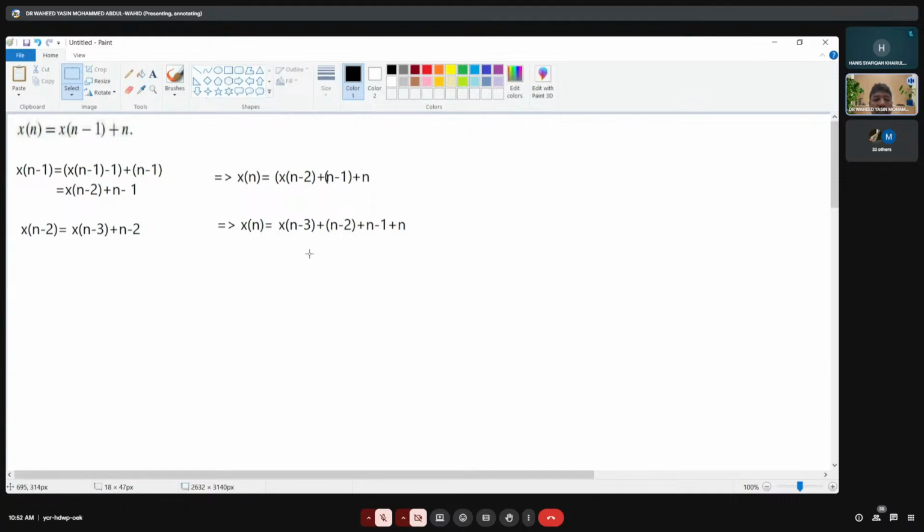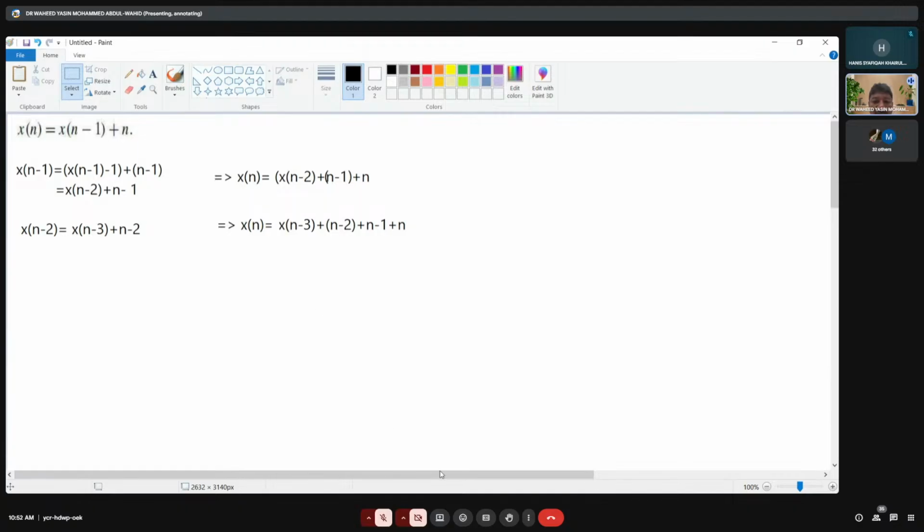Okay, so for I, he said for xn equal I, he got this formula: n minus 3, n minus 2, n minus 1 plus I. So here we have n minus I plus n minus I plus 1, n minus I plus 2, n here.